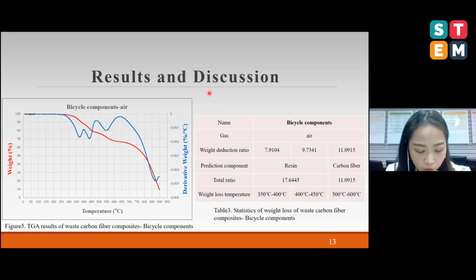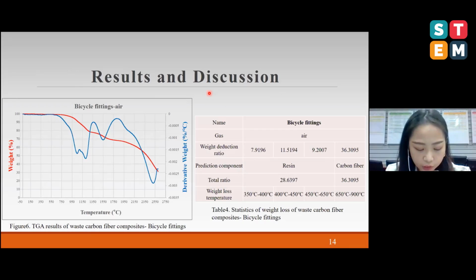And for bicycle parts, most of the weight is lost between 350 to 450 degrees, and it is inferred that the resin was removed in this range.